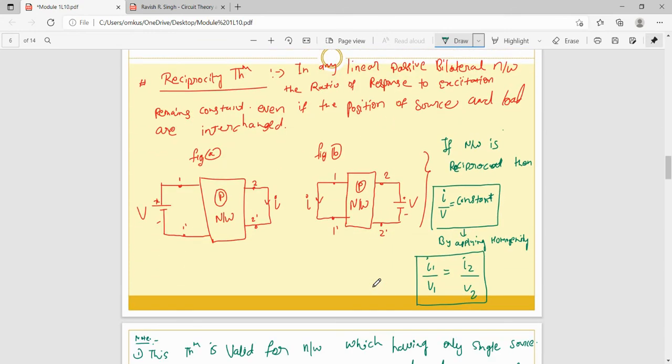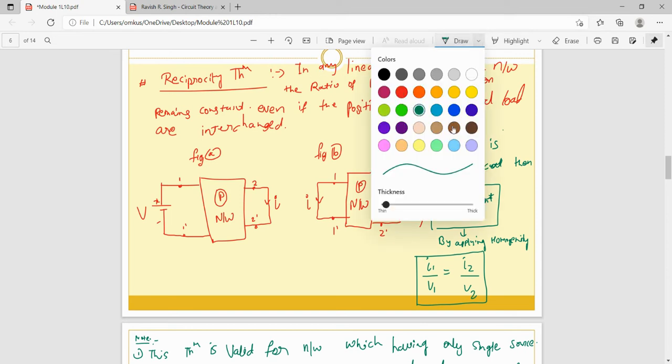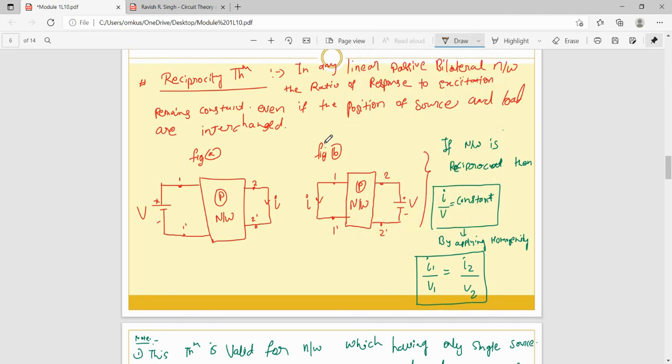Now see, this is our last theorem according to our syllabus, that is the reciprocity theorem. In this, what this theorem states is that in any linear passive bilateral network, this is valid only for a passive network which has linear elements, and it will be a bilateral network also.